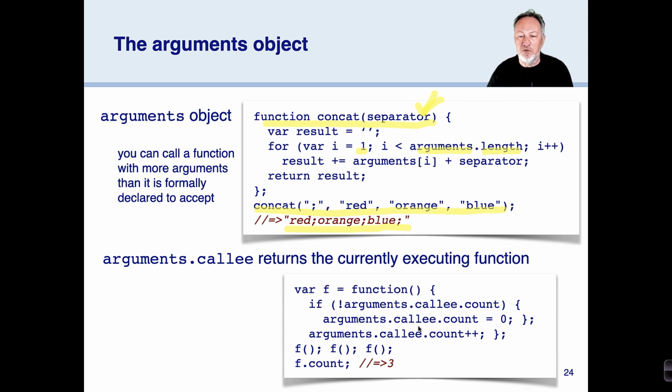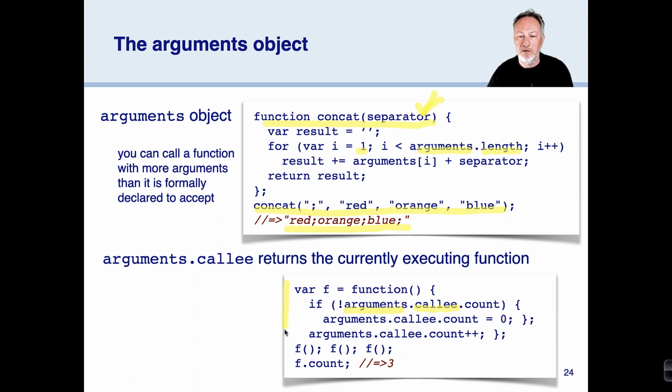So in order to be sure that we can actually access the function itself, there's another way of doing that. And it's also hidden in the arguments variable under the property callee. So the callee of the arguments is the function itself.